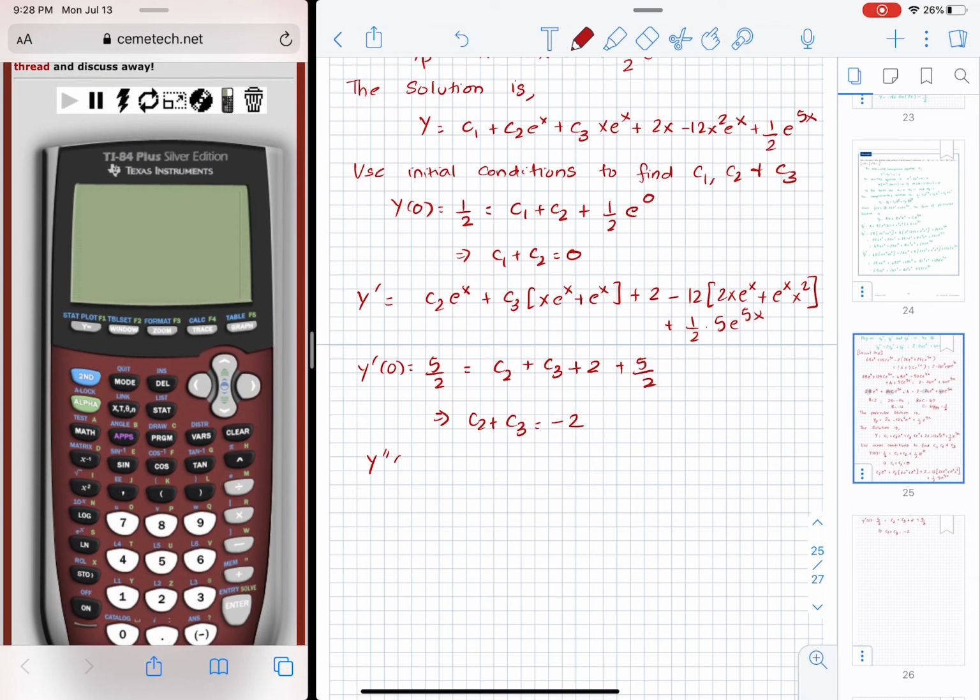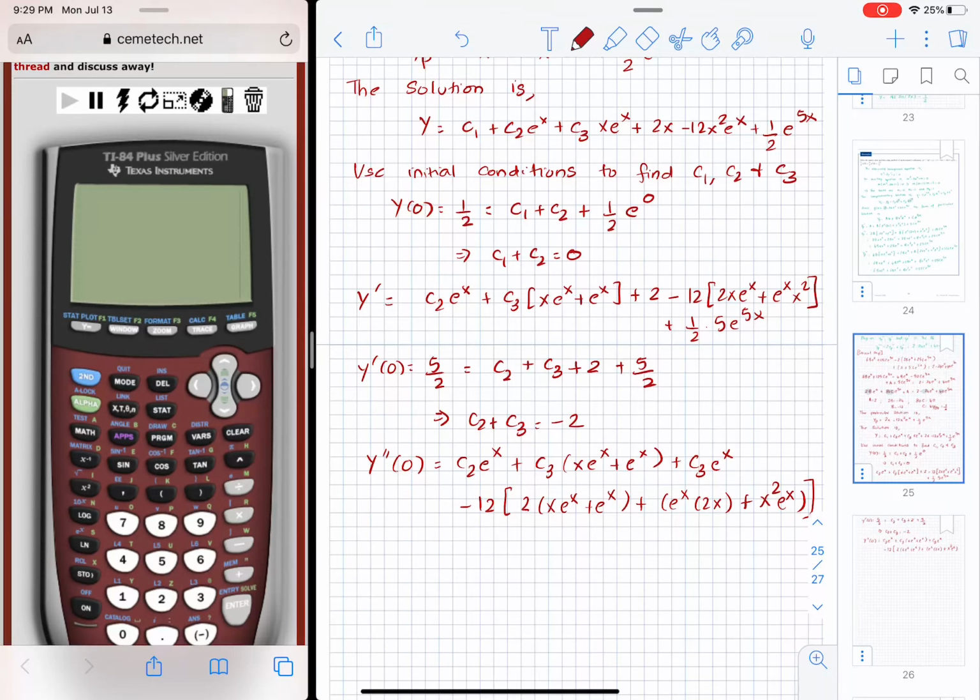Y double prime is c2 e^x plus c3 x e^x plus e^x plus c3 e^x, derivative of 2 is 0, minus 12 times 2 times x e^x plus e^x plus e^x times 2x plus x squared times e^x.